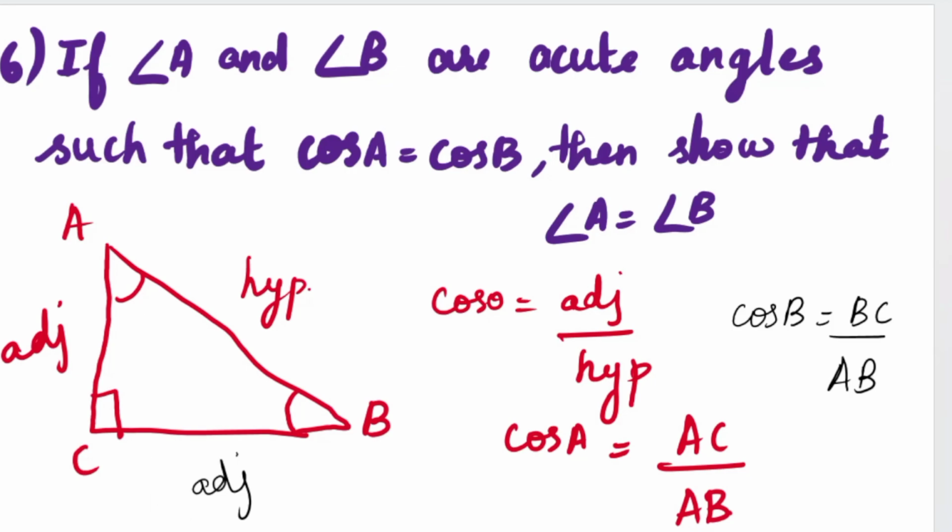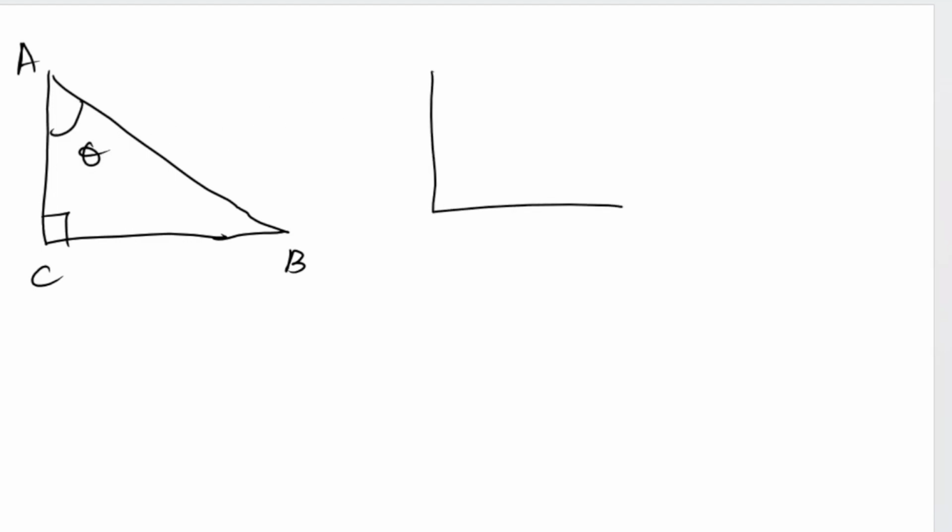If you don't understand, just see here, you'll understand it better. So this is theta, right? The theta is for A, and here the theta is for B. So what is the hypotenuse here?